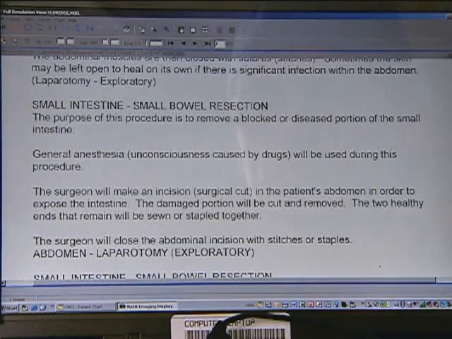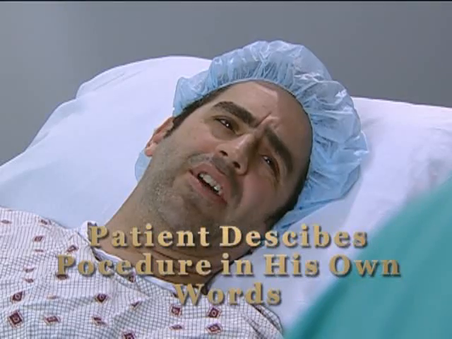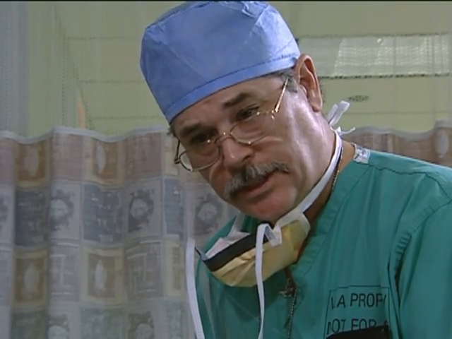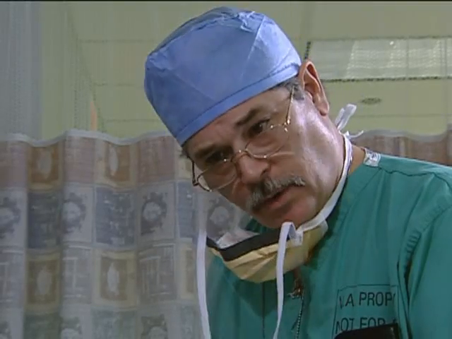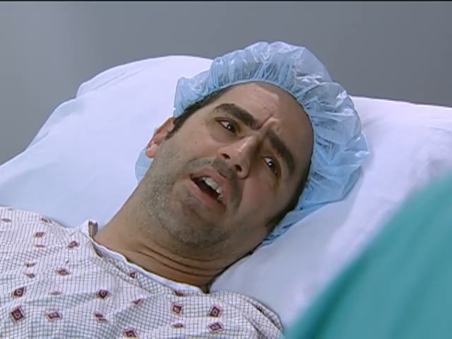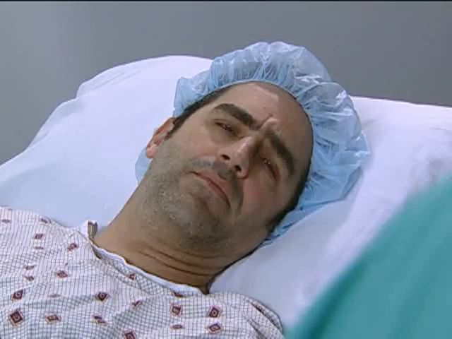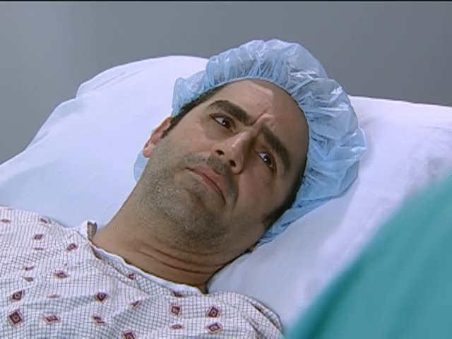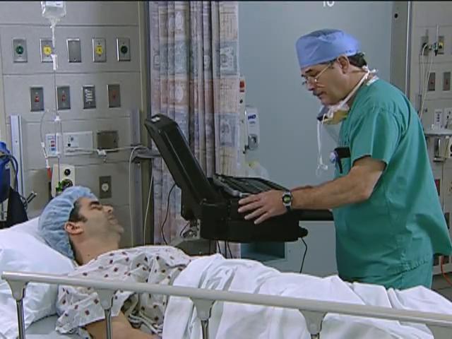He's going to go back into my guts and cut away the scar tissue adhesions, and he might take out part of my small intestines. Okay, and did he say you might need a blood transfusion during this procedure? Yeah. Okay, Mr. Eldridge, do you have any questions? Yeah, when is this going to happen? We're setting up in the operating room right now. It shouldn't be much longer. Dr. Alba will be by to see you and to mark the surgical site. Okay. I'll see you in the OR in a few minutes, okay? Okay, thanks.